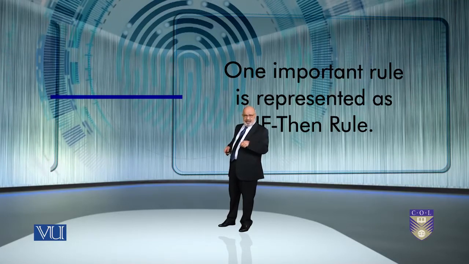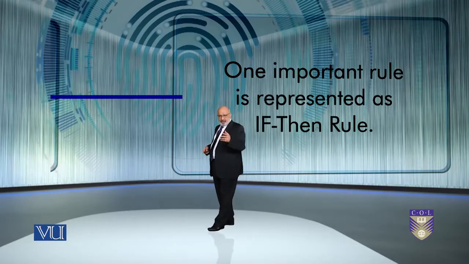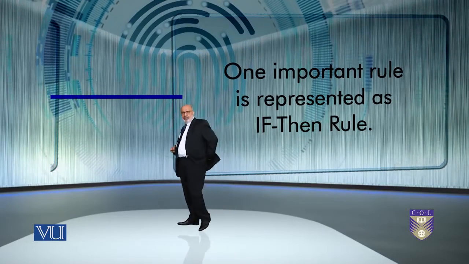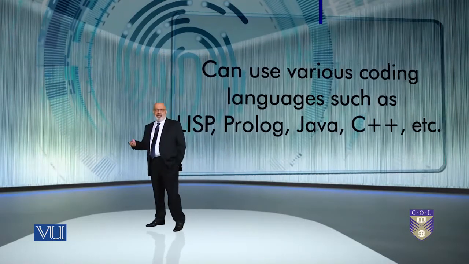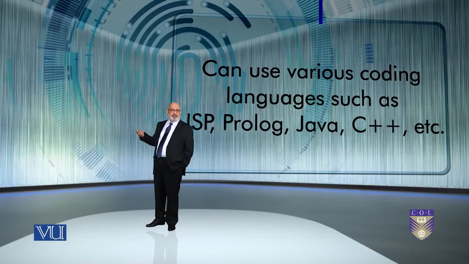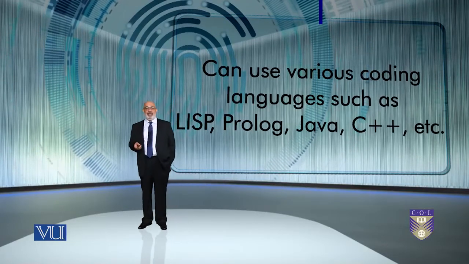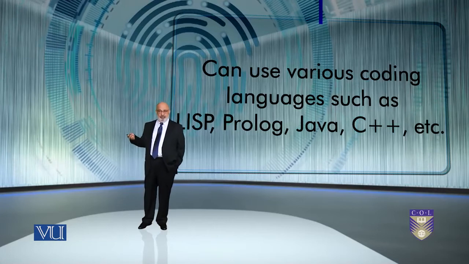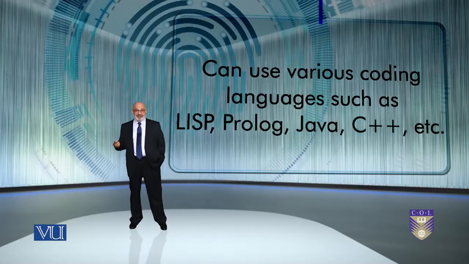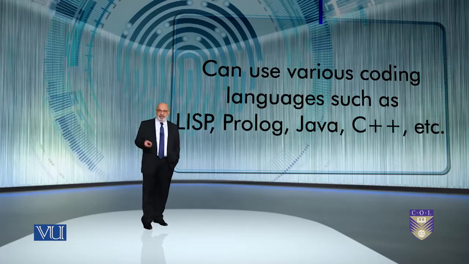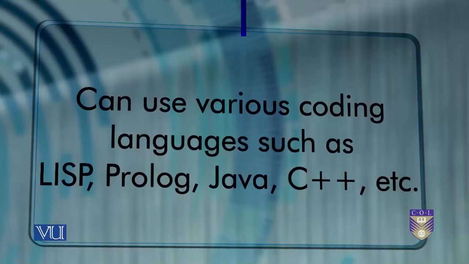So these are those if-then rules, and all of these combined can be done in coding and programming languages such as Lisp, list processing, and Prolog, programming in logic, Java, C++, C sharp, and so forth. We can use various languages for doing that, and they keep on evolving.